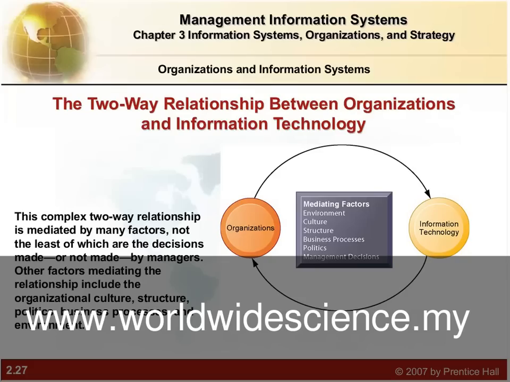Other things, maybe the economic situation of a company, a country, or the global economy, can affect the organization and the use of information technology, but the organization and its managers should be aware of the benefits of IT and the use of IT in their organization.